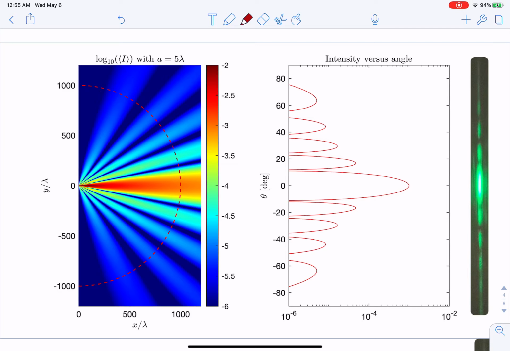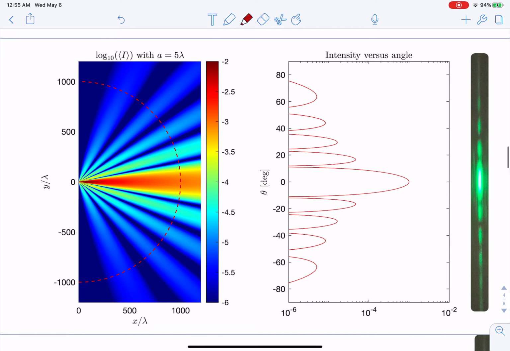This is in units of the wavelength, so the slit opening is 5 times the wavelength, and we're out here at 1,000 times the wavelength away. So it should be fine there. And so this is the pattern we see. In addition, see where the dotted red line is here. This graph is the intensity along that line, again using a log scale.